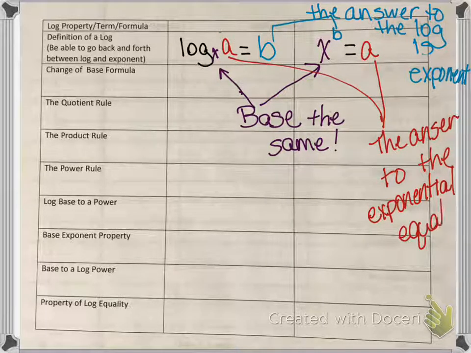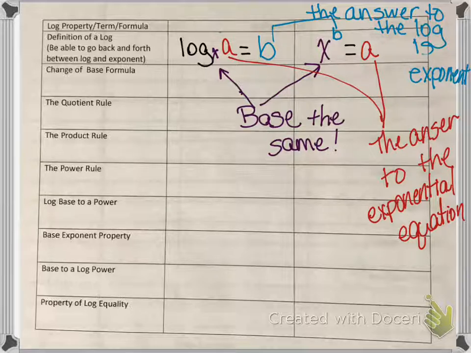Now, we're going to practice this a lot, but this is something that you need to be able to do. You need to be able to go back and forth. You need to be able to recognize the base, the exponent, the index.